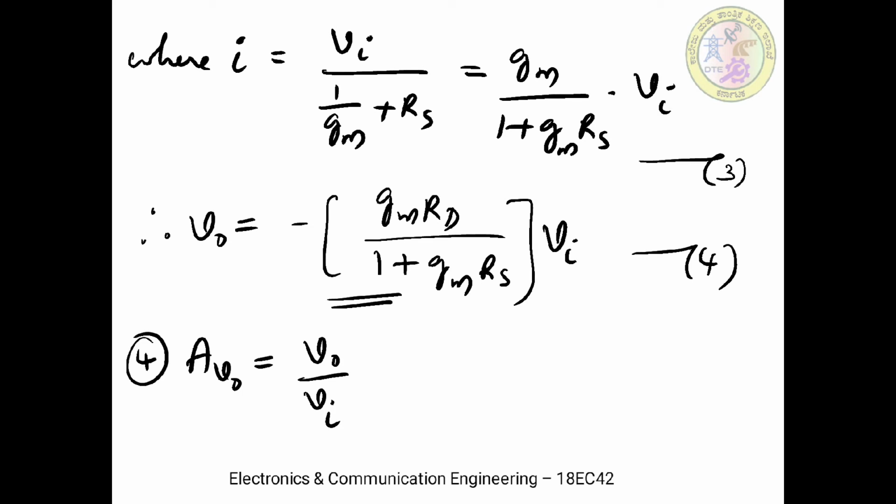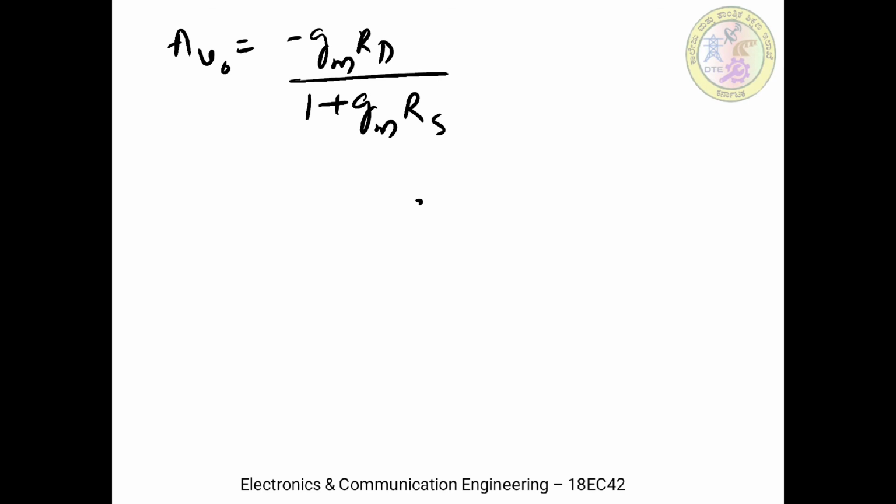So substitute equation 4 in the numerator, and simplification will give us AV naught equal to minus Gm into Rd by 1 plus Gm into Rs.